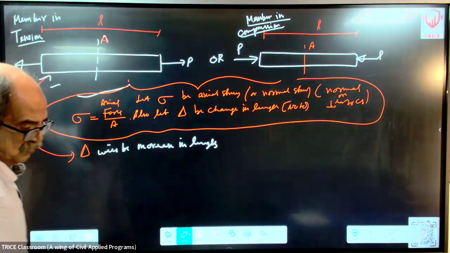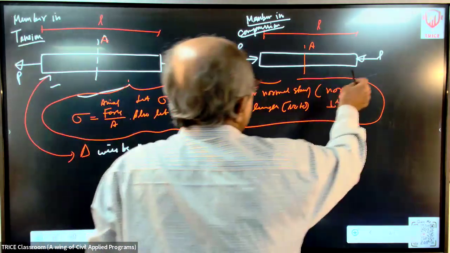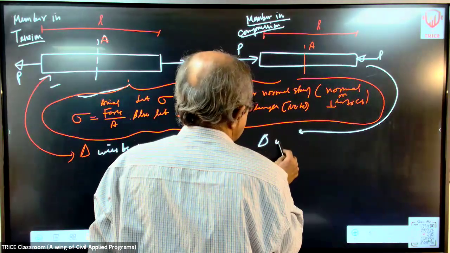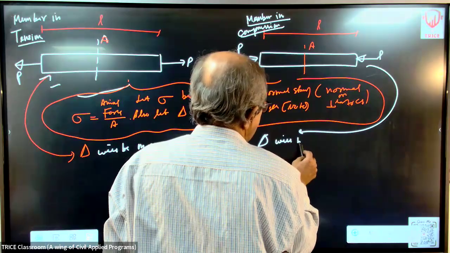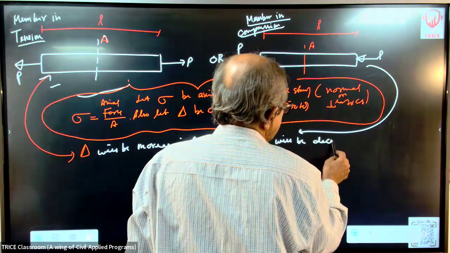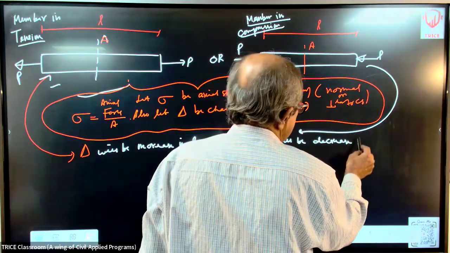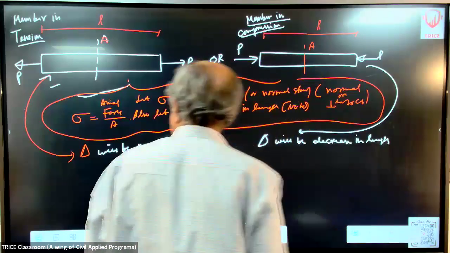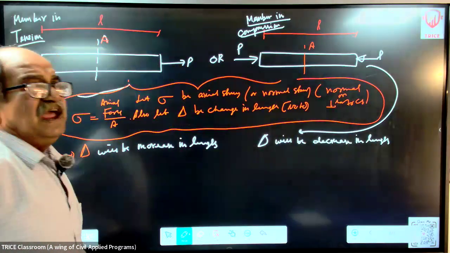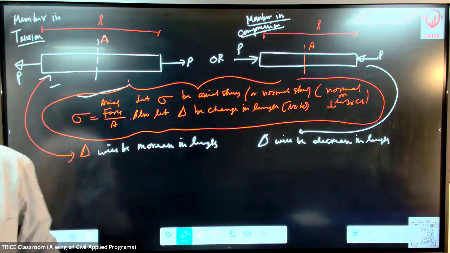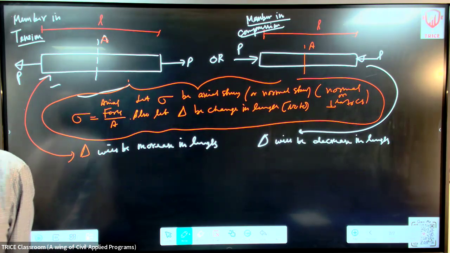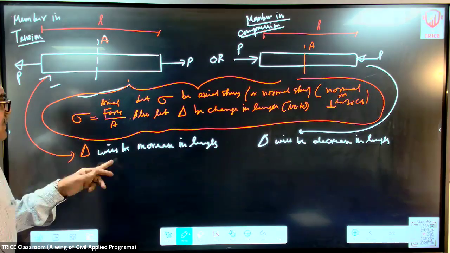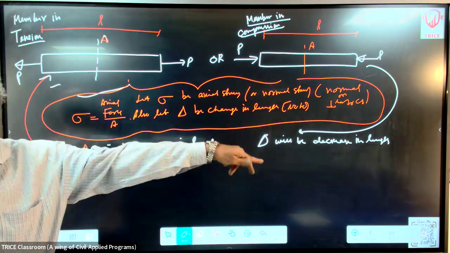Whereas if I come to this case, delta will be decrease in length. Now, be careful. Change in length is general. Whether increase or decrease, the general term is change. Here the change is increase, there the change is decrease.